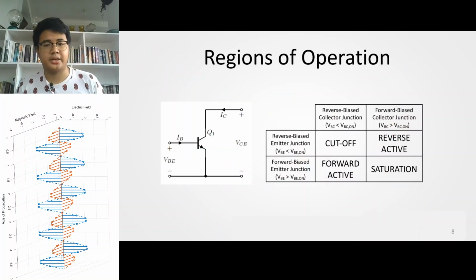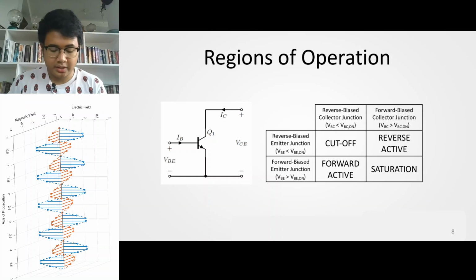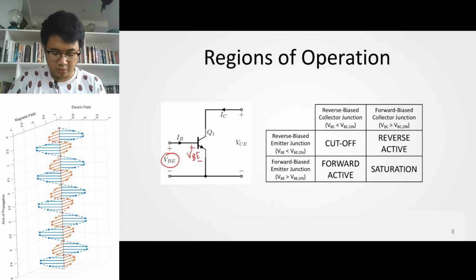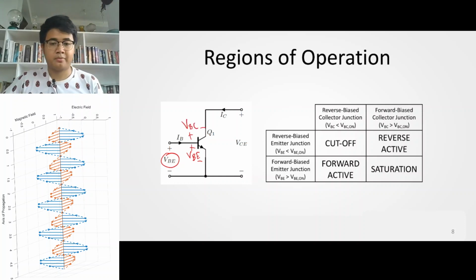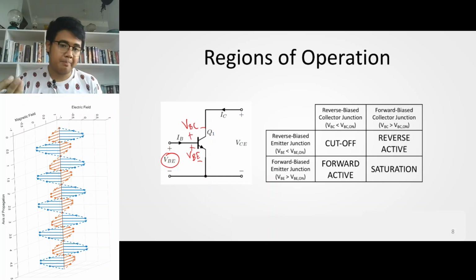And that is defined here. The regions of operation of a bipolar junction transistor are shown here. It all depends on VBE, which is the voltage drop between the base and the emitter. It also depends on VBC, which is the voltage drop from the base to the collector. The voltage drop between them is defined by the potential difference, basically.